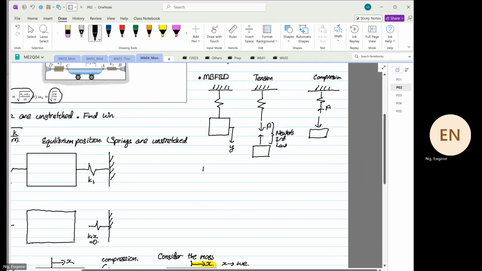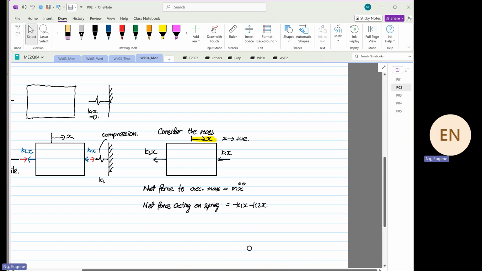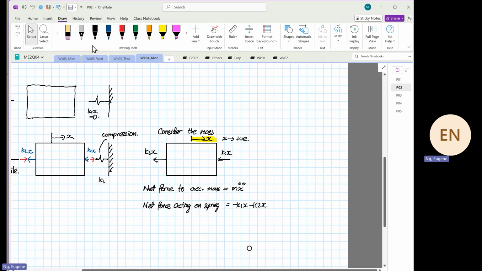Okay. You put positive in X direction is this way. Positive in Y direction is this way. Are we clear? Okay, so this will affect the vector of the displacement. Are we clear? Right? So this is the next point that we add. Okay? Then we come back here again. Okay, now we have everything. The next thing that we're going to write now is we're going to write out the equation.